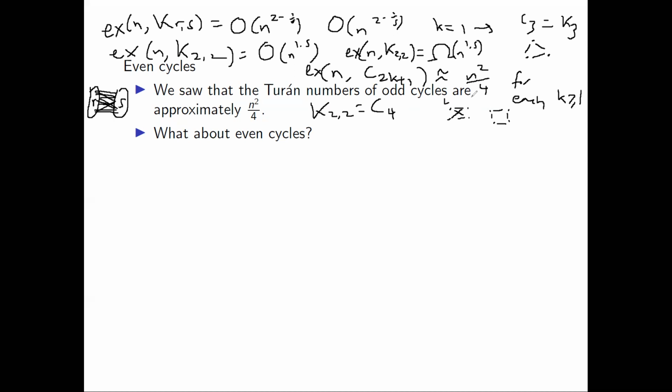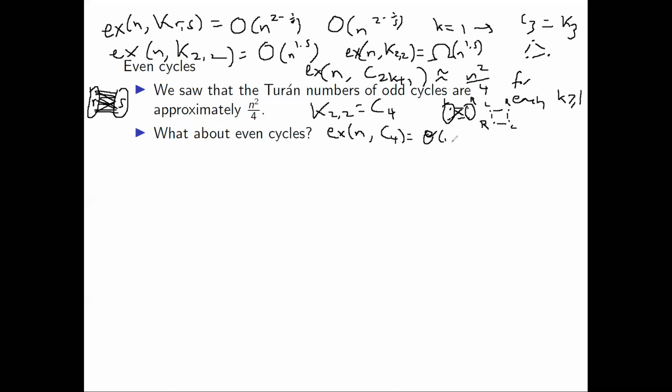If this is our left side, this is our right side, here's our lefts and here's our rights. And so these bounds that we got for the Turan number of K_{2,2} also give us sharp bounds for the Turan number of C4. So we can see that ex(n, C4) equals theta of n to the 1.5.